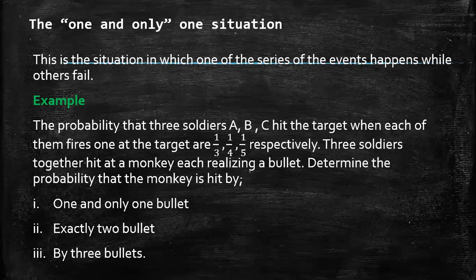So we determine the probability that the monkey is hit by one and only one bullet. That is our major interest. The other two are coming in as a by the way. Our major focus is the monkey being hit by one and only one bullet, which can be by A or by B or by C. So we are going to look at how that is done.